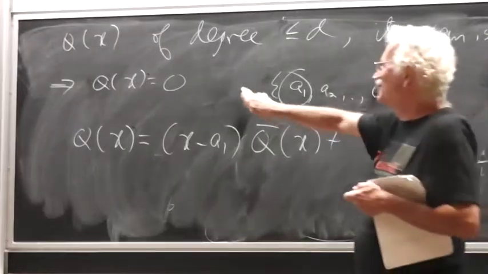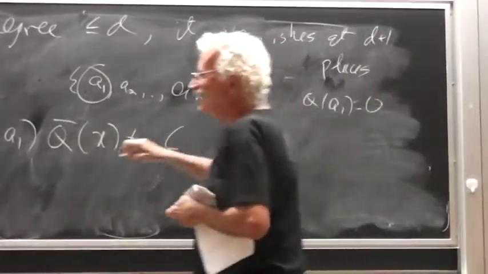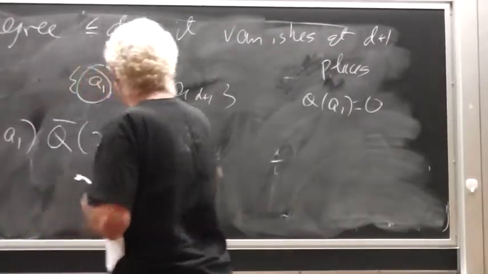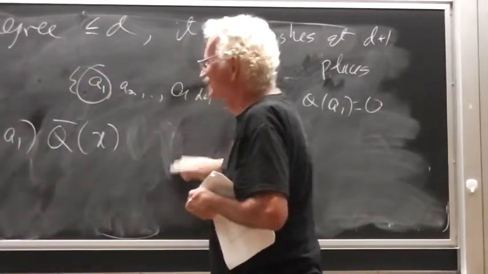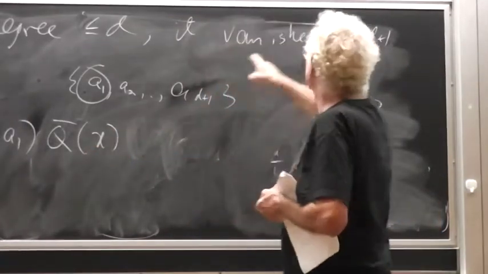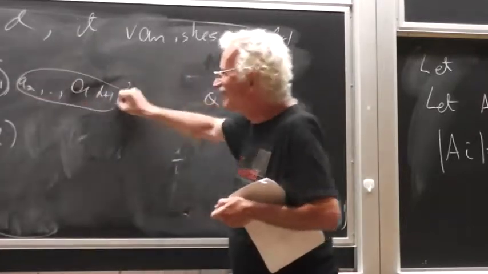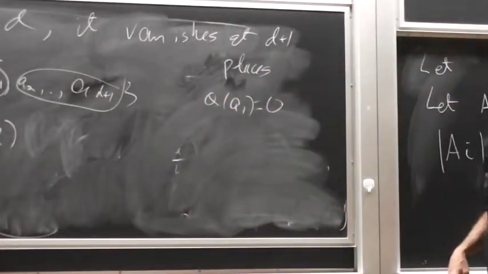Since q of a1 is 0, you plug in x equals a1, so you get c equals 0. And q bar of x is a polynomial of degree at most d minus 1 that vanishes at the remaining places. So by the inductive hypothesis, this is true.